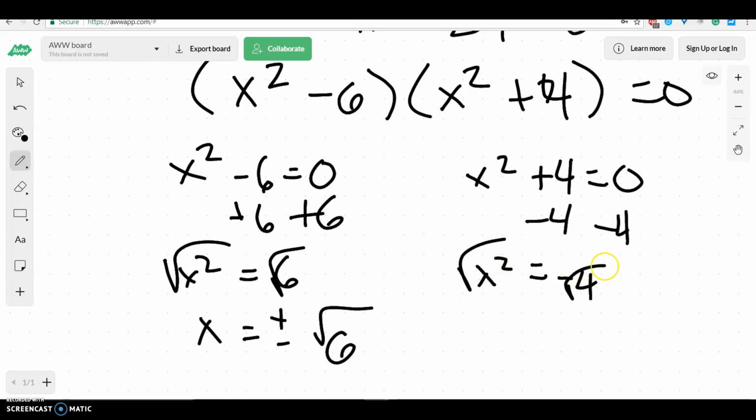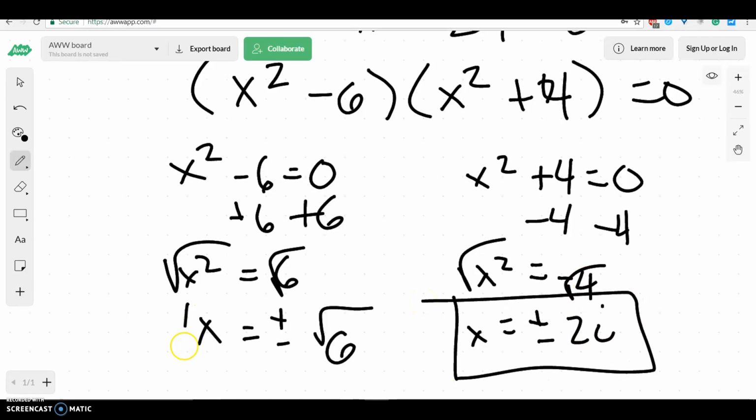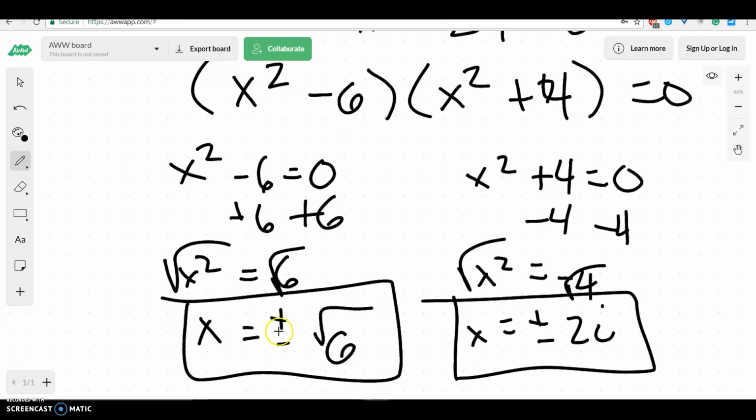Then I take its square root, and I get x equals plus or minus 2i. Again, remember this is going to be 2i in this case, because it's the square root of negative 4. The square root of a negative number means we're going to get imaginary numbers. And if you check, you have 1, 2, 3, 4 answers, which should make sense.